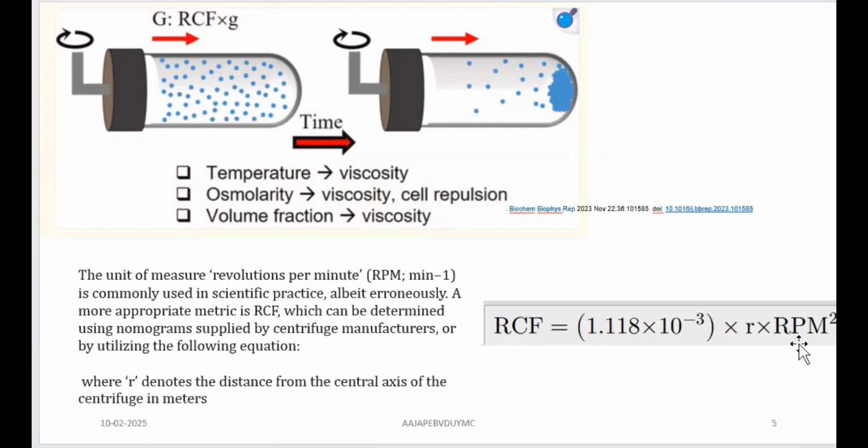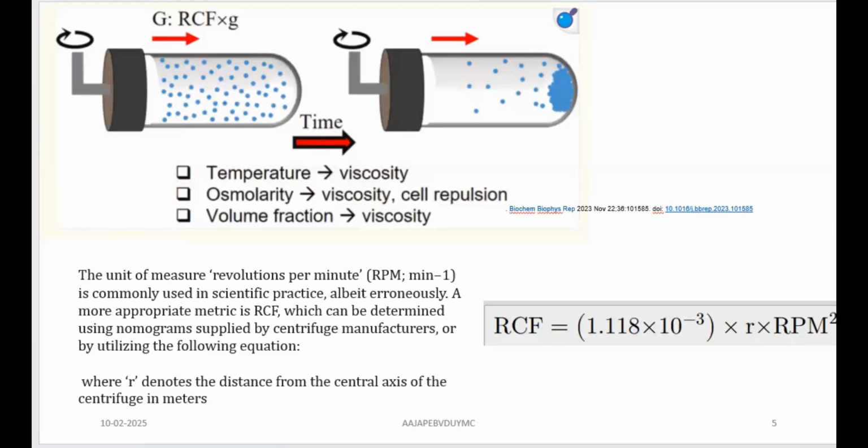Now, where are these values coming from? That is a concern, right? When I say RCF, why is 1.118 there? Why is R there? And why do you have RPM square? If you remember, in the equation we have written F is equal to m omega square R. Centrifugal force is equal to angular velocity square into R. Then we have written the formula G equal to omega square R upon small g.